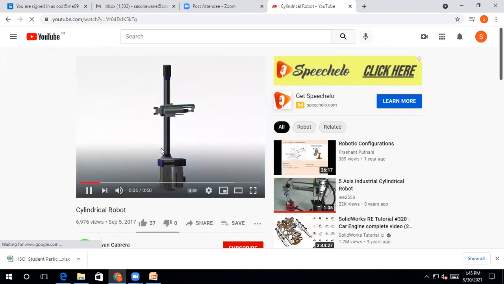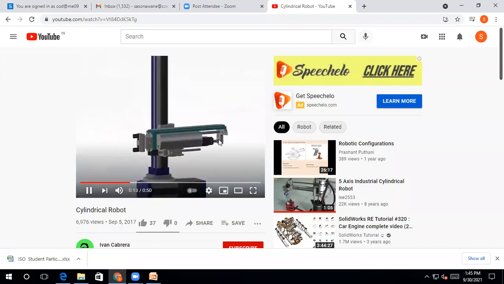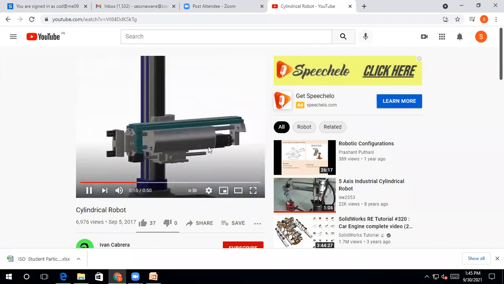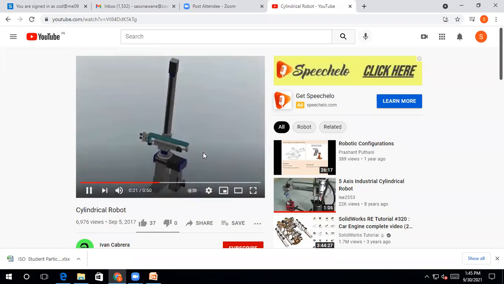See that this cylindrical robot is there. This arm is moving up and down. This vertical pillar is rotating in a cylindrical manner so that the end of the arm will trace a cylinder. See that this is the arm. This is the gripper. See that it is rotating also.